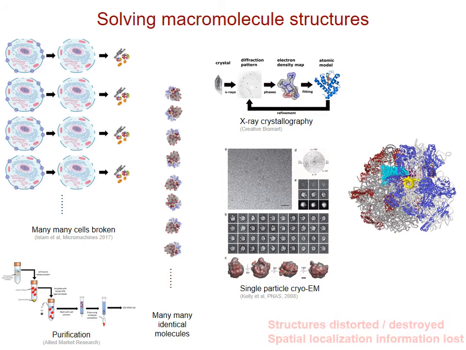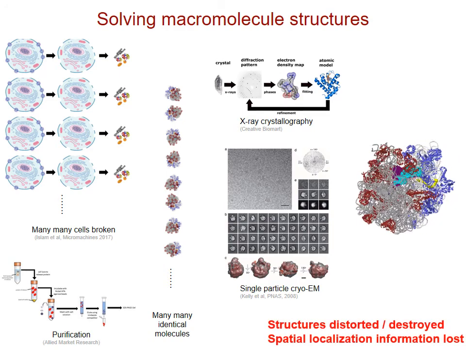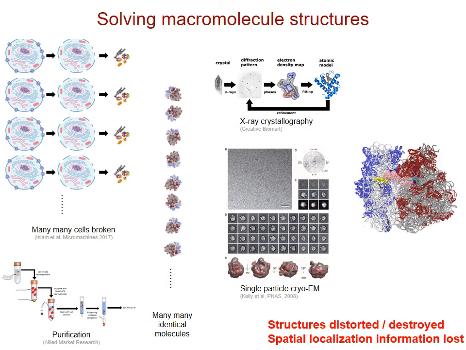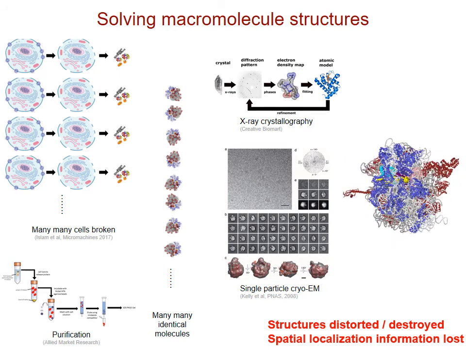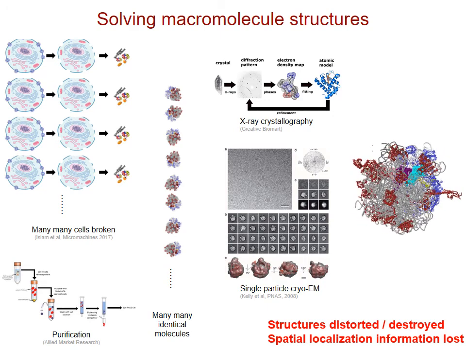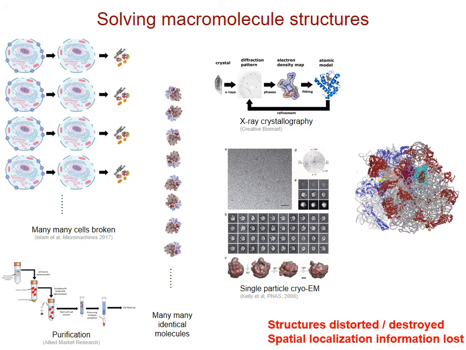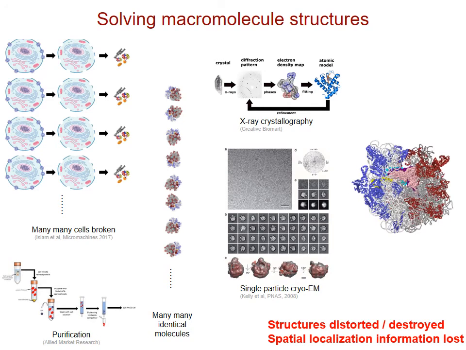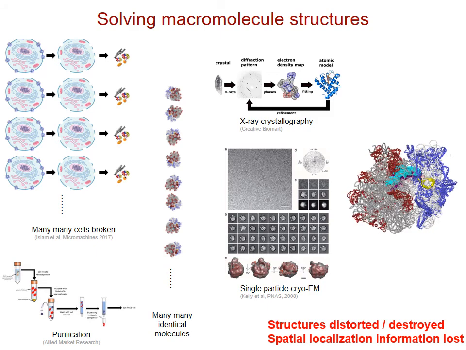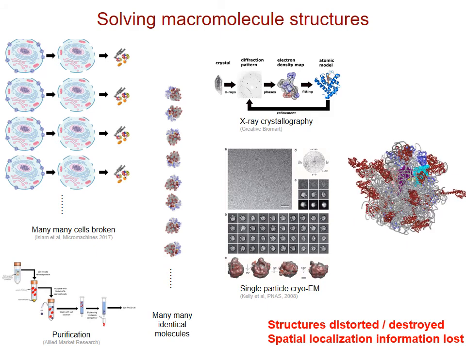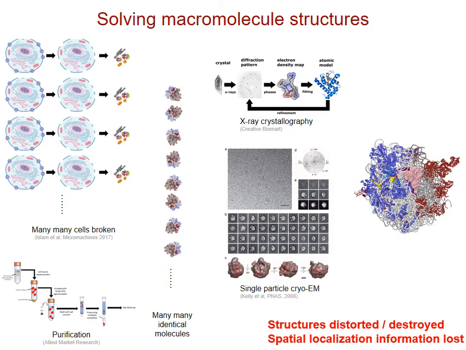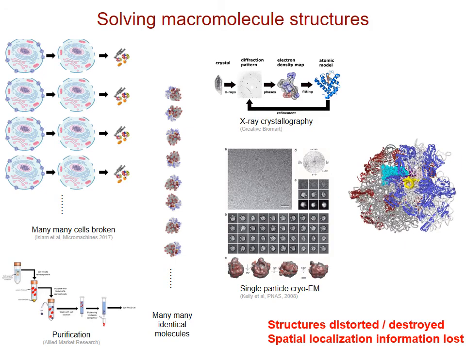As the result of such a complicated process, many macromolecular structures are either destroyed or heavily distorted. Therefore, this atomic model may not represent the native structure inside the cell. And also, the spatial localization information of these macromolecules is lost.